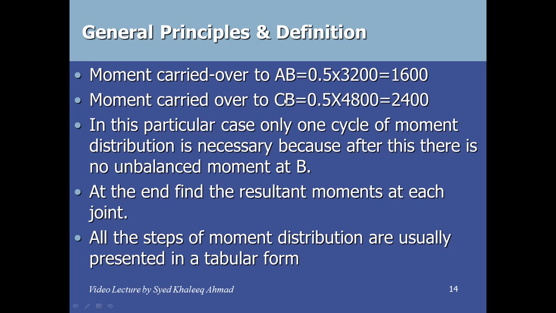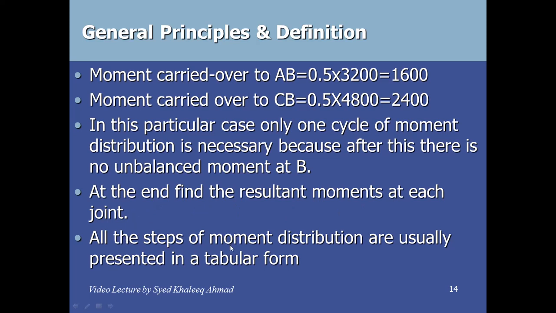So the moment carried over to AB will be 0.5, the carryover factor, multiplied by the moment of BA, this is 1600, and similarly the moment carried over to CB will be 2400. Now after this, we see that there is no unbalanced moment, so we can say that all the joints are balanced, and we can stop at this stage, and at the end find the resultant moments at each joint.